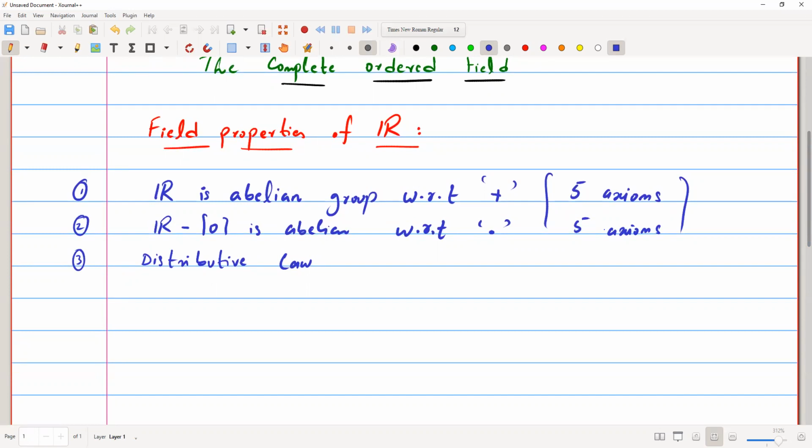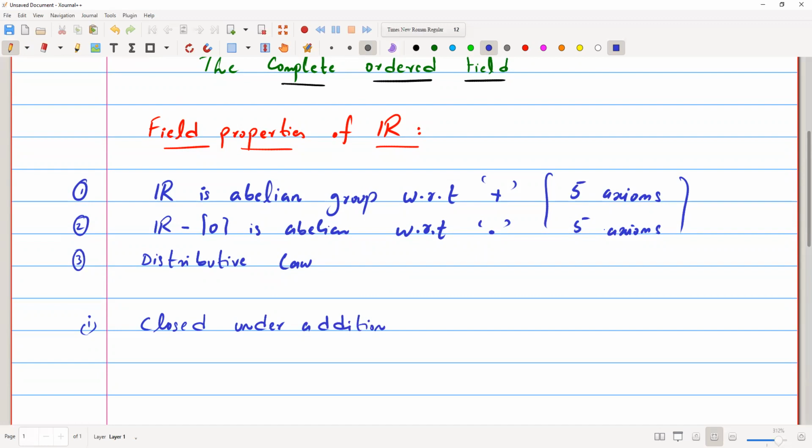An abelian group is simply a group that is closed under addition. We call it the closure property.